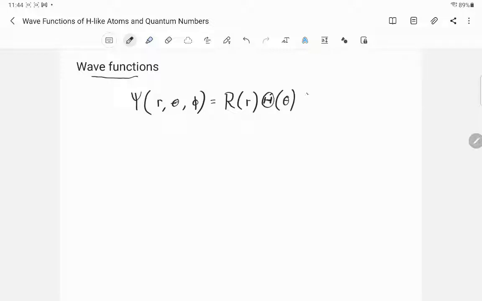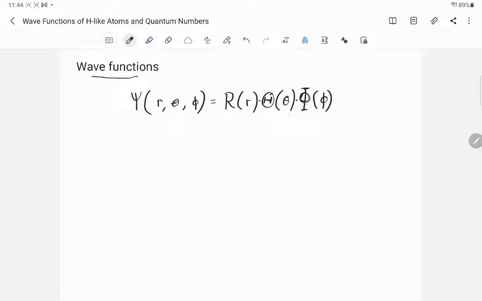And then there is the azimuthal part, capital Phi. So it's the multiplication of three different functions, where each function is only a function of a single variable. That's the separation of variables magic.